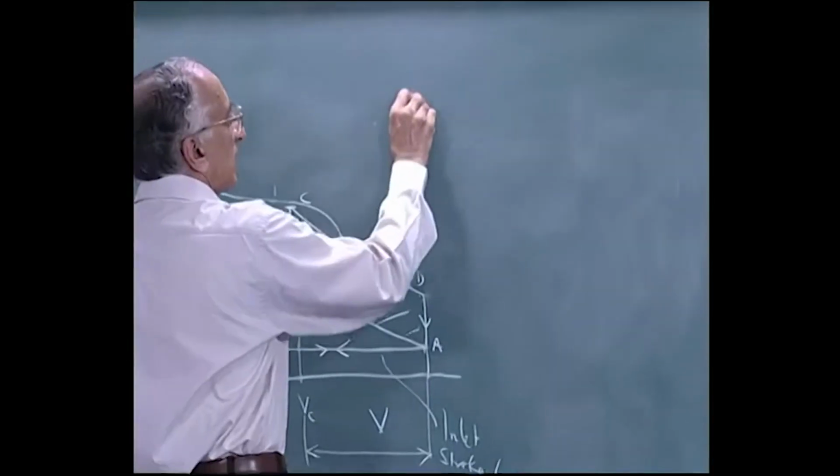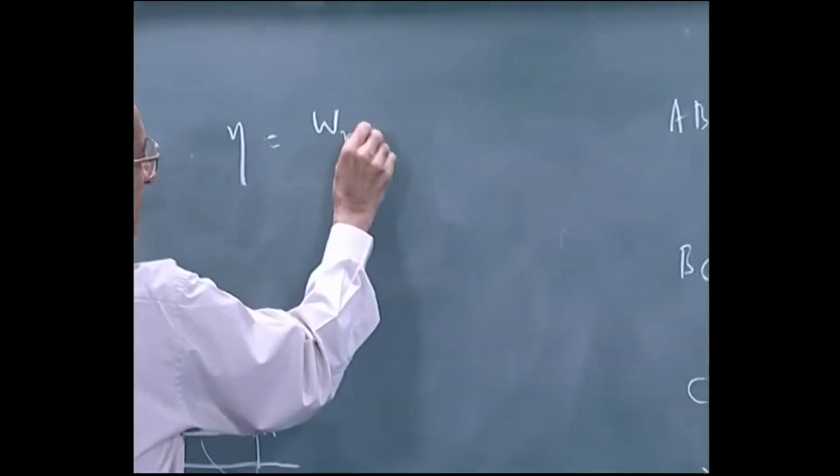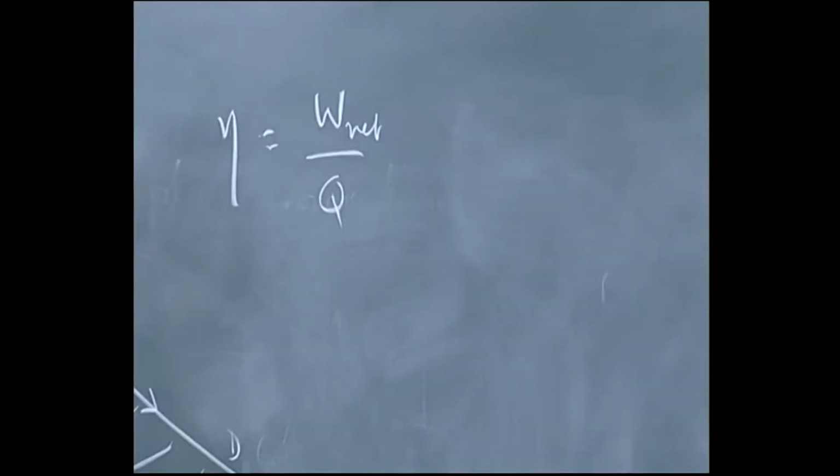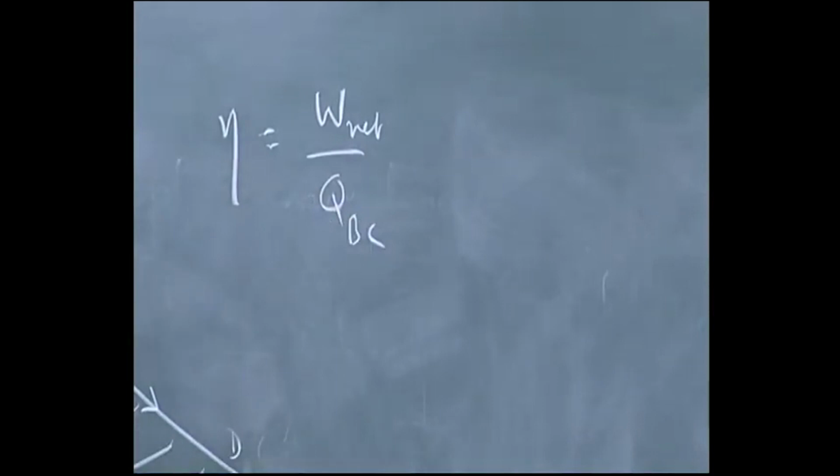So what I am interested in is W net by QBC, because QDA is simply heat lost to the environment, I get nothing from it, but QBC is what I supply, that is my fuel.